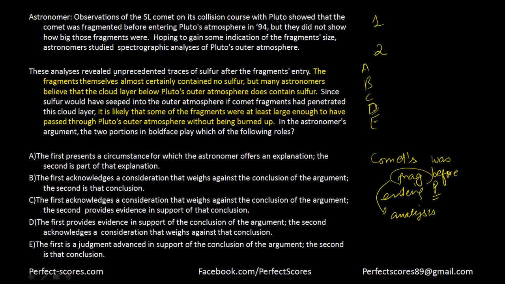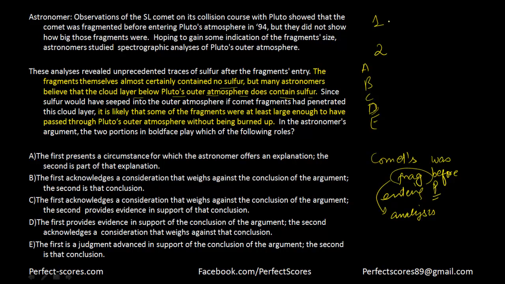Now these analyses revealed unprecedented traces of sulfur after the fragment's entry. The fragments themselves almost certainly contained no sulfur, but many astronomers believe that the cloud layer below Pluto's outer atmosphere does contain sulfur.